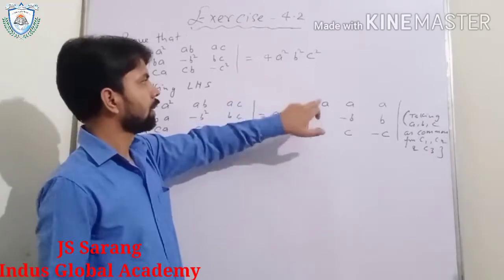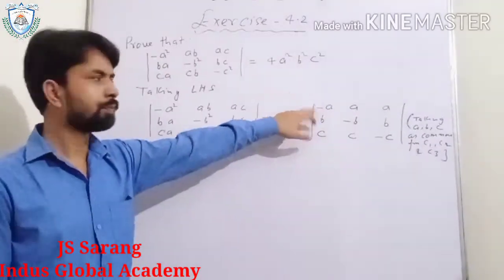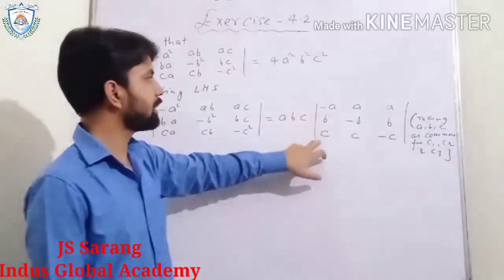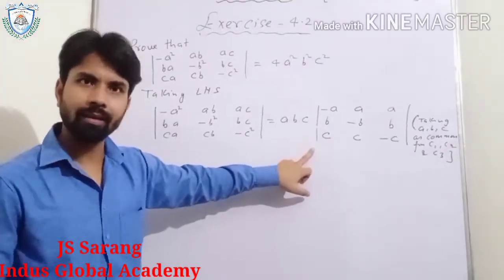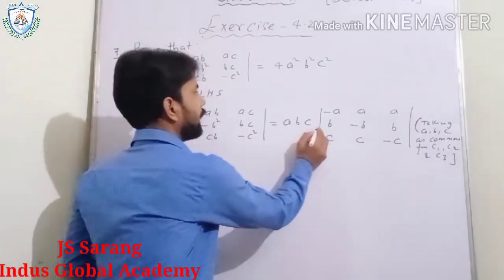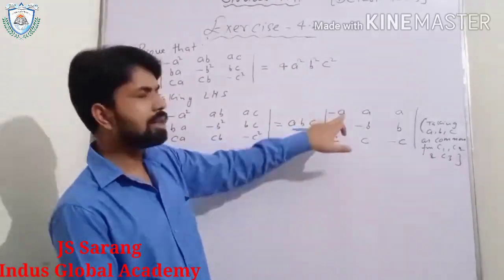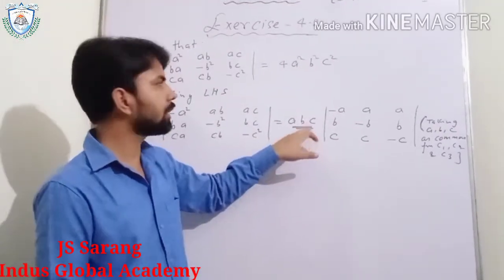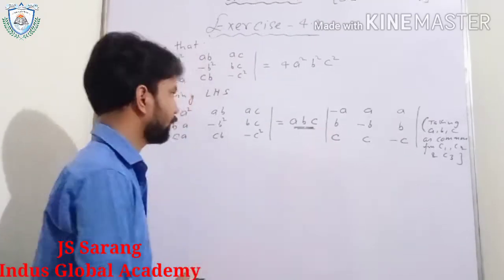Now see, a can be common from the first row, b can be common from the second row, and c is common from the third row. Clear? So again abc is common. So abc is already out of the determinant. Again abc is common, so abc into abc, we will get a square, b square, c square. Hope it is clear? Good.